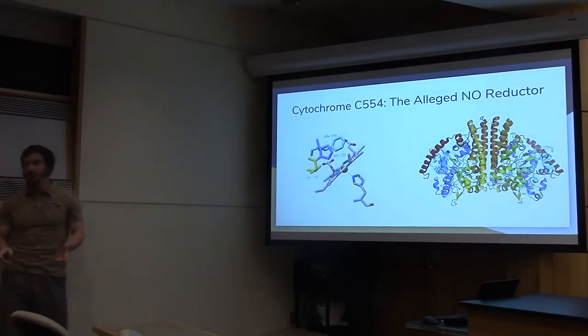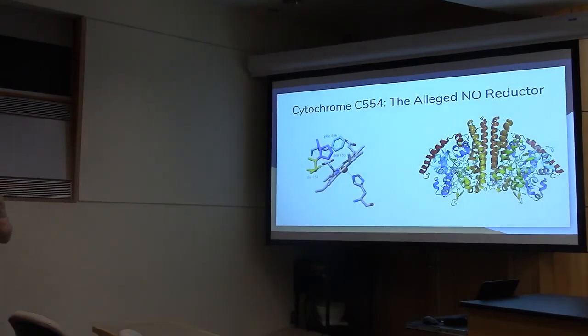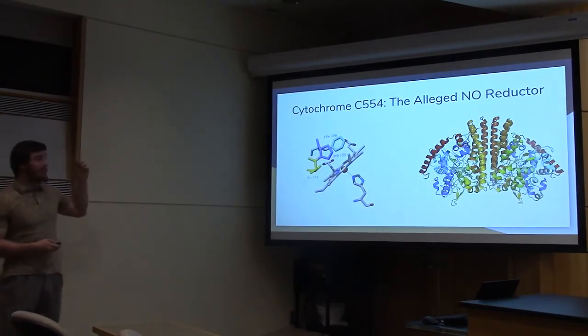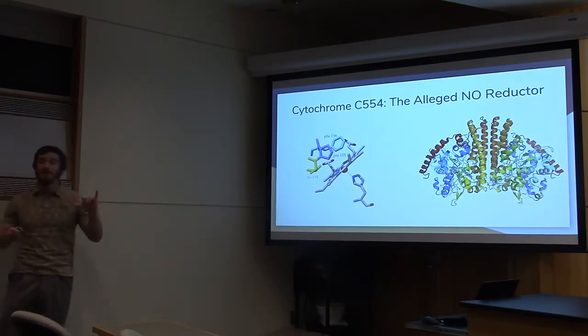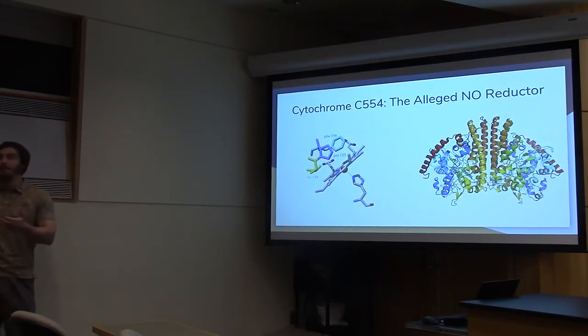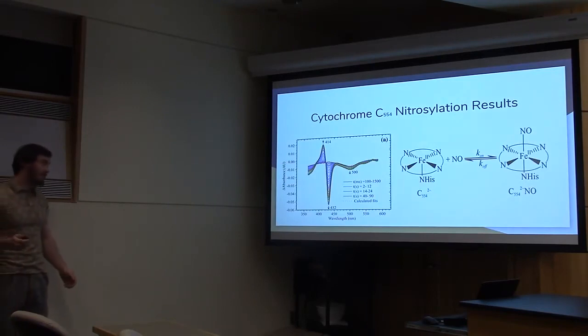So to bring us back to what we're actually doing here, we looked into the claim that this heme, heme 2, had the ability to have a nitric oxide bind to it, but also had the capability for that to be stably enough bound that another nitric oxide could come in, react with it, and form nitrous oxide. Did that actually occur?